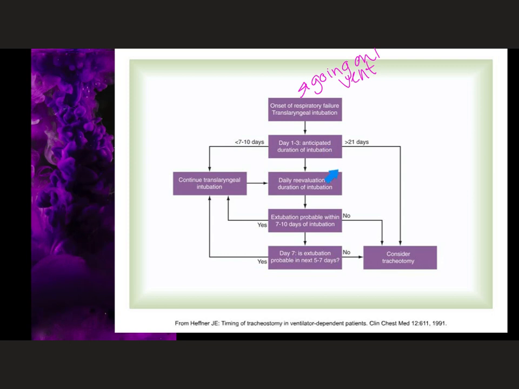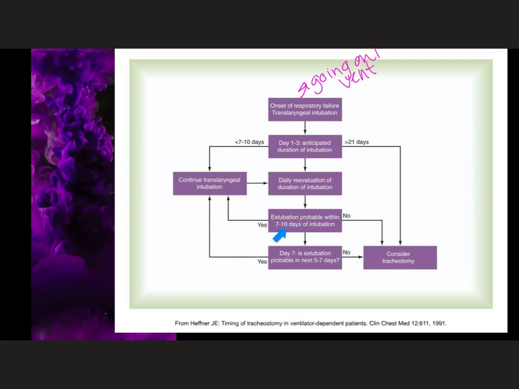So let's say it's day 3, and we totally thought that Mr. Crazy Kid who did something stupid because he's young and dumb, we thought we were going to get him off, and extubation is probably not going to happen.